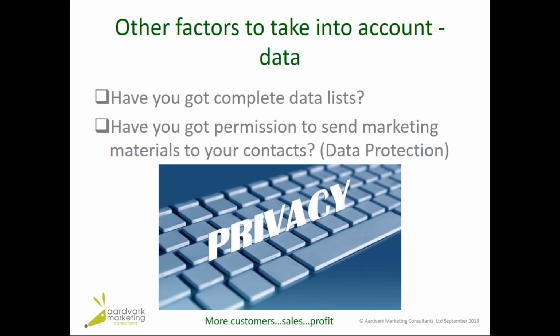Other factors, we now get on to data and data protection. Usually with marketing automation, the data quality, the best data you have, is more important than quantity. So go for quality rather than quantity. You'll need to have complete lists because you'll want to start segmenting your audiences.